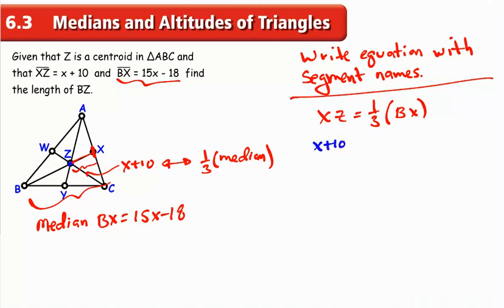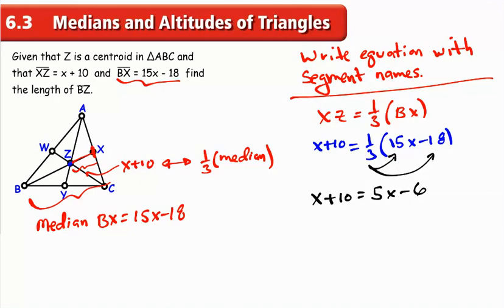X plus 10 goes in place of XZ, and then we have 1/3, and BX gets replaced with 15x minus 18. And when we distribute this 1/3 through, we should have x plus 10 is equal to 5x minus 6.